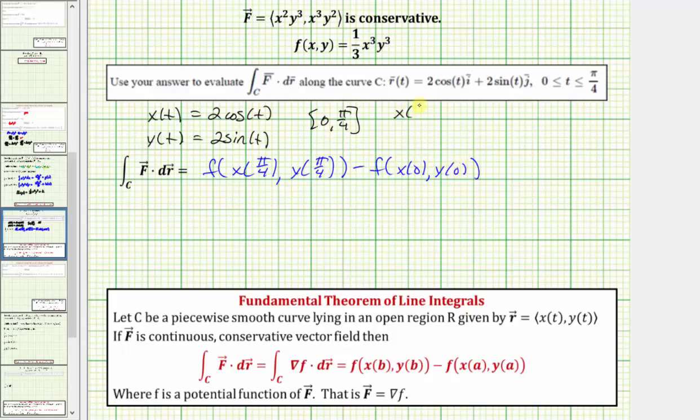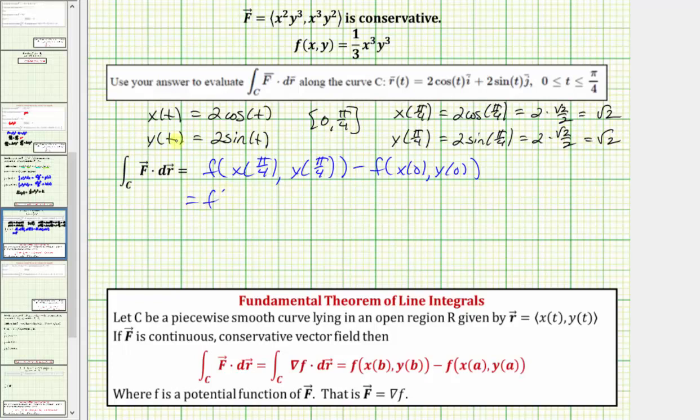Well, x of pi over 4 is equal to 2 cosine pi over 4, which equals 2 times square root 2 over 2, which equals square root 2, and y of pi over 4 is equal to 2 times sine pi over 4, which is also 2 times square root 2 over 2, which equals square root 2.